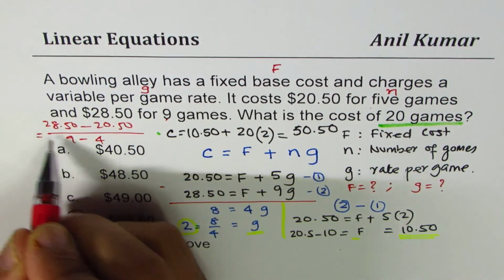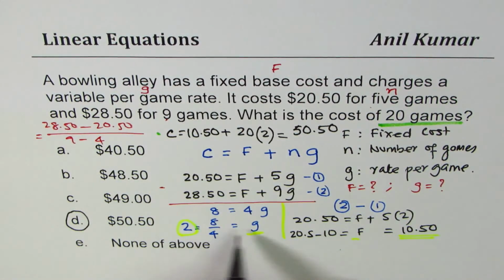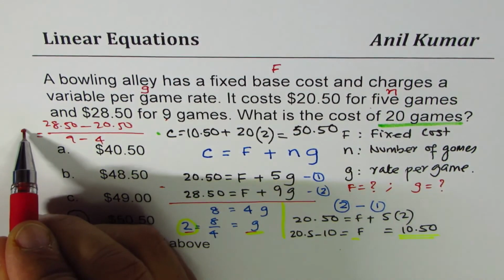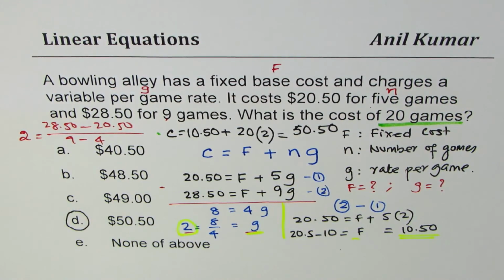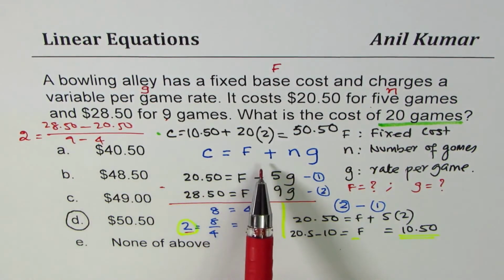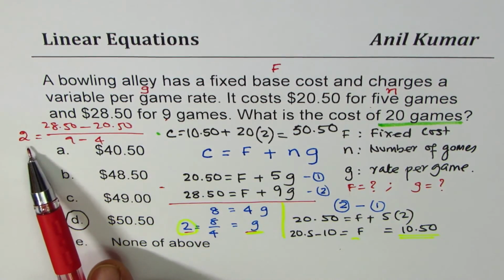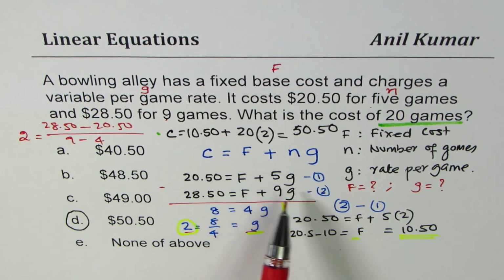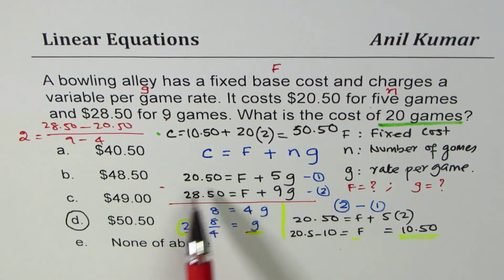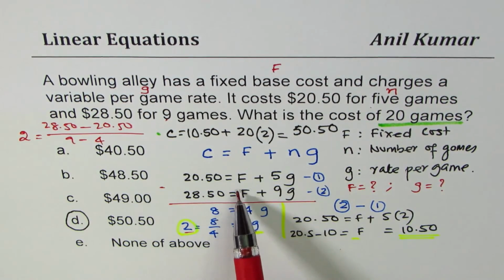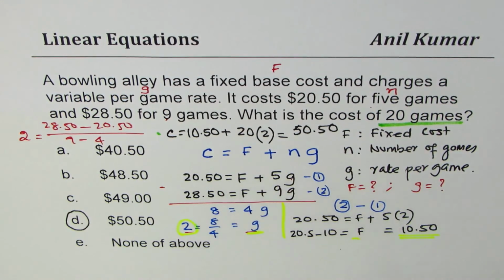As soon as you do this rate of change, you get your answer g as 2. So immediately, you don't even have to write the equation. The rate of change gives you the cost per game. Once you know the cost per game, you can quickly get to the result. Fixed cost is found using the first equation, and that's how you could solve it.